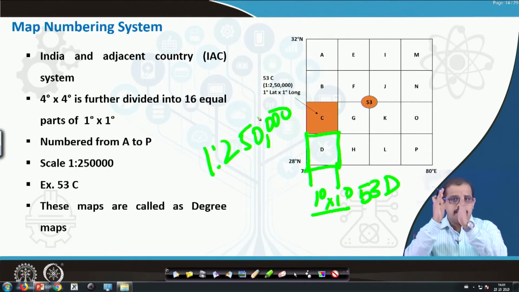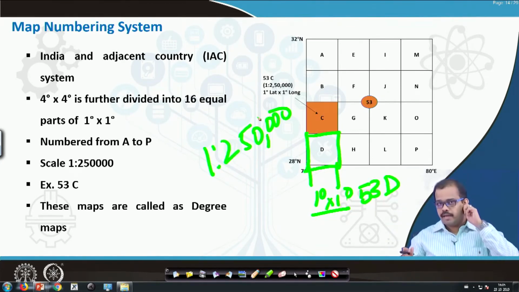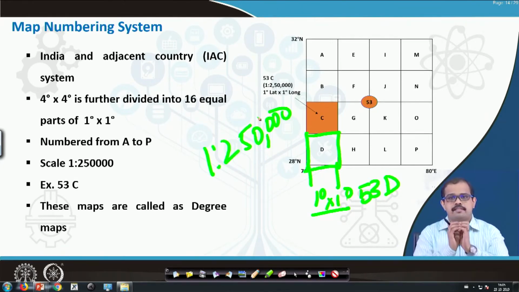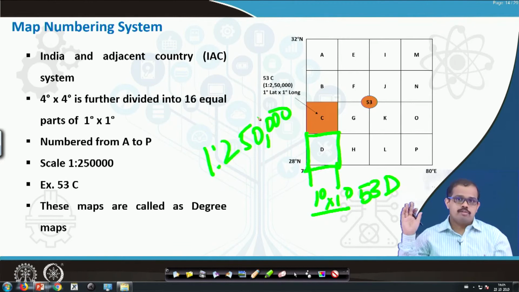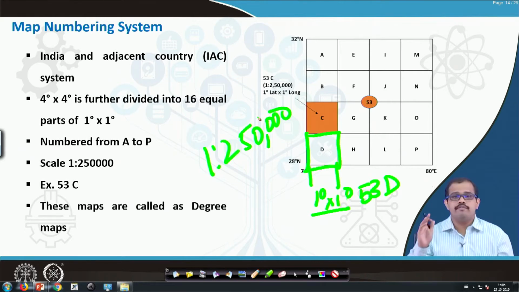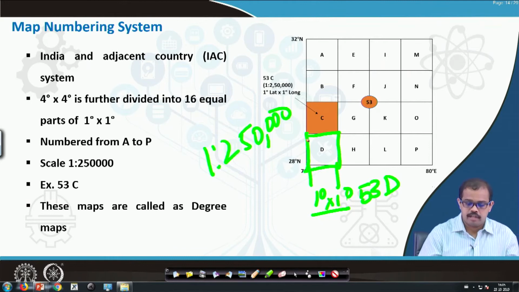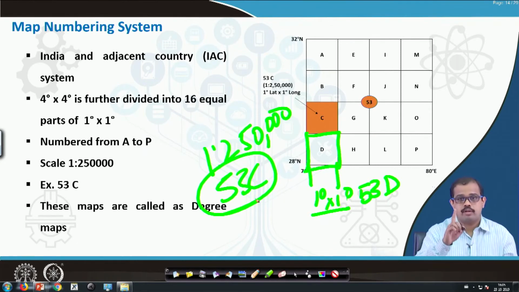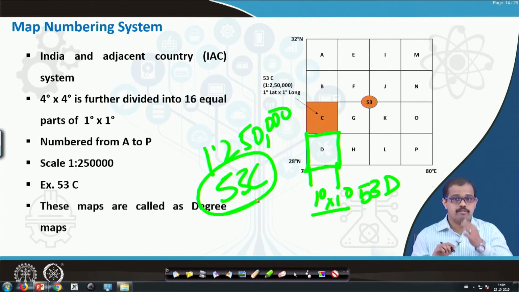Divide this 4 degree map into 1 degree by 1 degree maps, so you will have 16 boxes. Each box is representing a 1 is to 250,000 map, that is 1 unit on the map is representing 250,000 units on the ground. Okay, this particular representation, if anyone writes 53C, it is representing a 1 is to 250,000 map. That is how you can find out the scale.